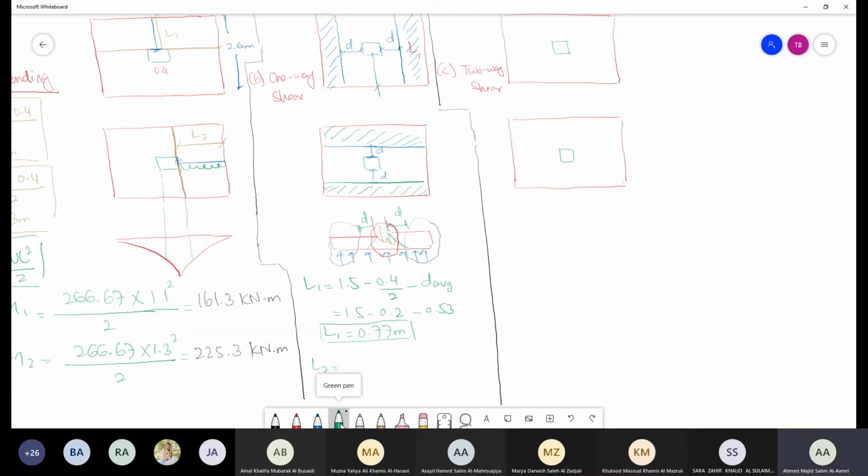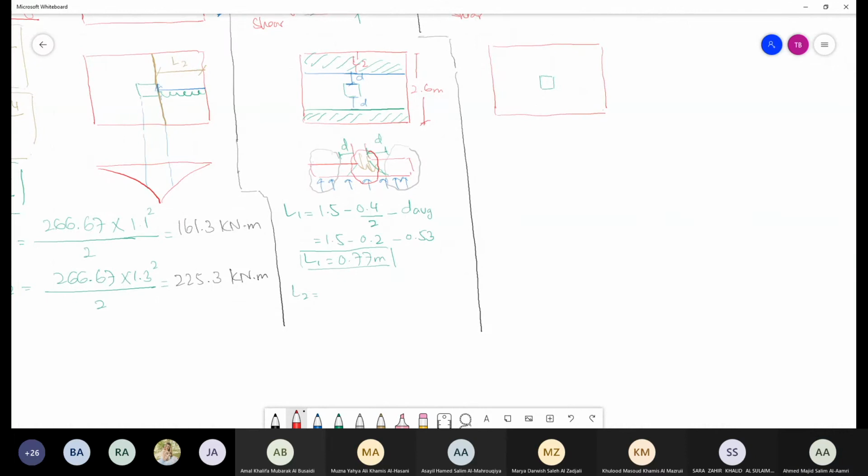Okay, can you give me now the value of L2? This value of L2, how much is it? And you know that this is 2.6 meter.